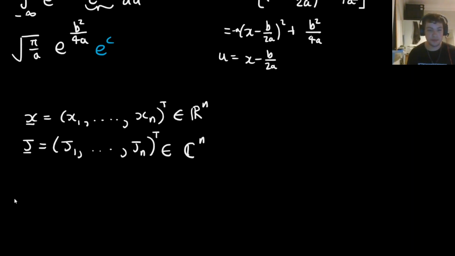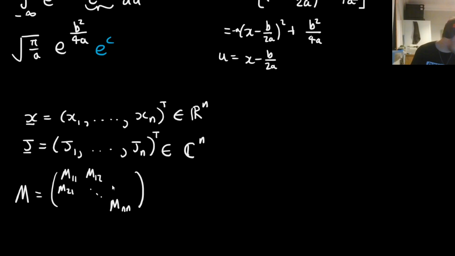There we go. And then M equals some block matrix. We're going to start with M11, M12, M21, dot dot dot, MNN, and it's going to be a real n by n matrix.